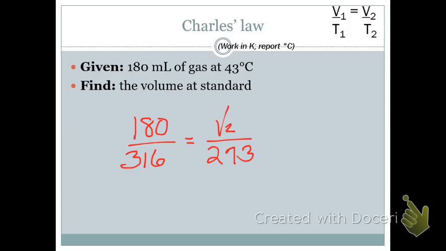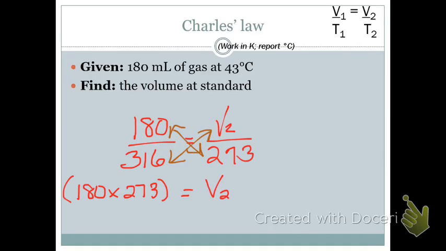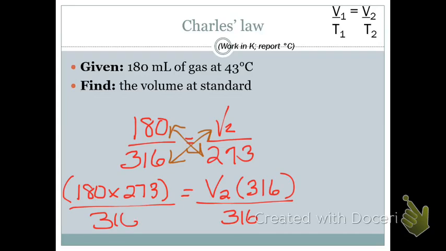Then I cross multiply, and I wind up with 180 times 273 is equal to V2 times 316. Divide both sides by 316 to clear it out and get V2 by itself.